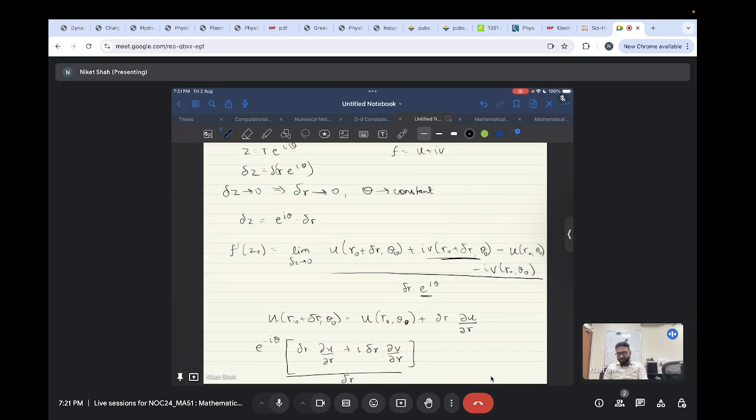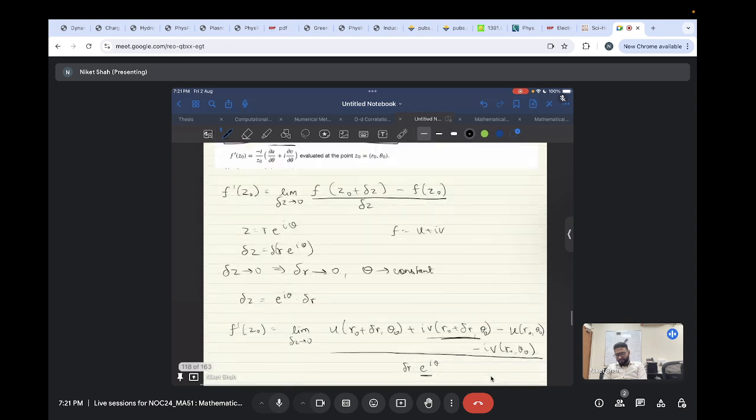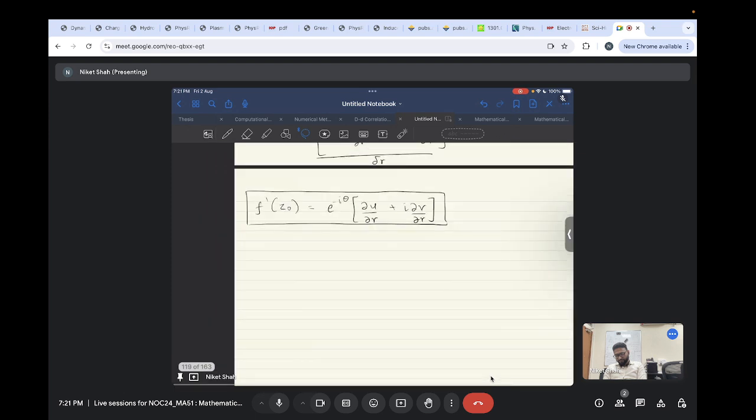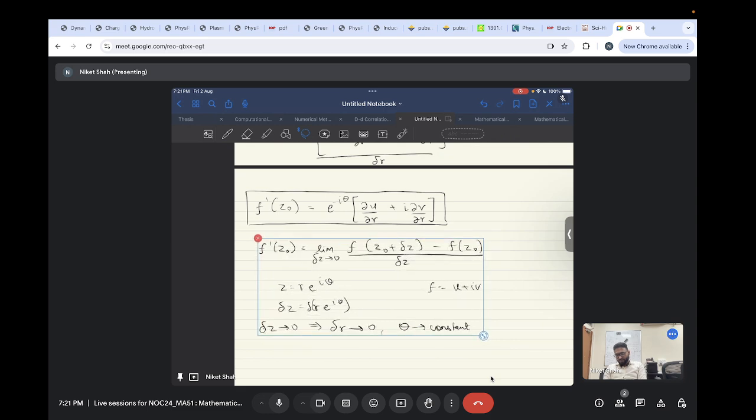Okay, so from here, this part is okay. I put it up like this: f prime of z0 is still the same thing, the limit delta z tends to 0 of f of z0 plus delta z minus f of z0, divided by delta z. z is r e raised to power i theta, and f is u plus iv.